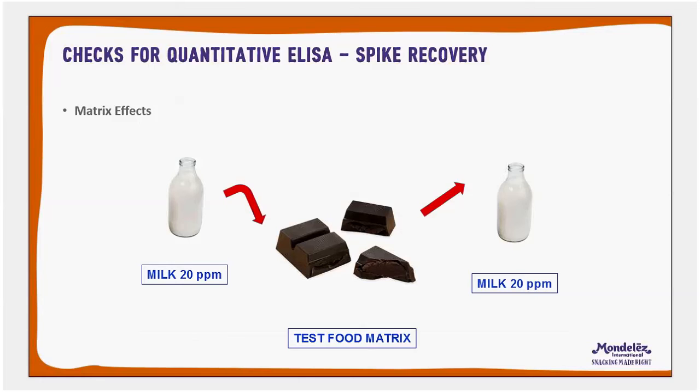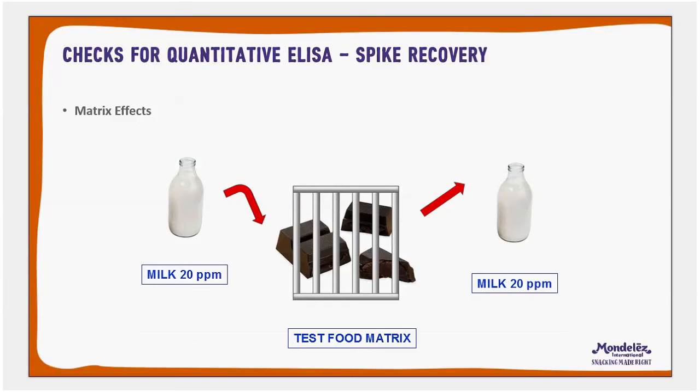They will artificially add in a known amount of milk, take it through the whole testing procedure and measure what they get out. Now you'd think that would be fairly straightforward, and if you put in 20 parts per million of milk, that's what you'd get out. However, sometimes you can put in 20 parts per million and actually only recover 2 parts per million. So that's the equivalent of a false negative result.